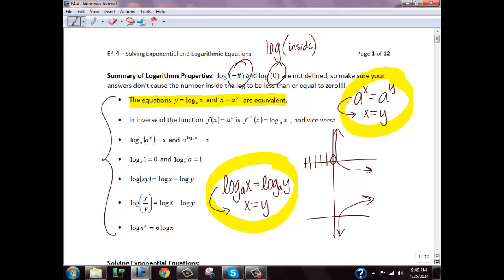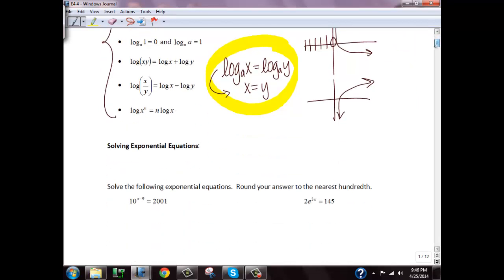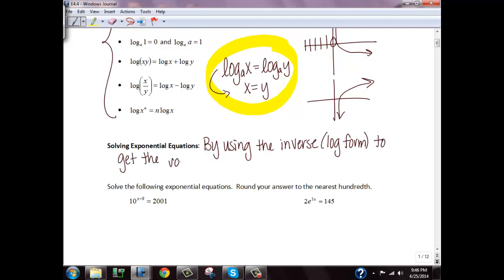Anytime that we are solving exponential equations, the way that we're going to do it is by using the inverse, which is our log form of the equation, to get the variable out of the exponent.